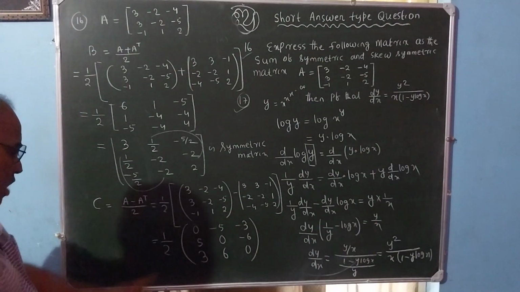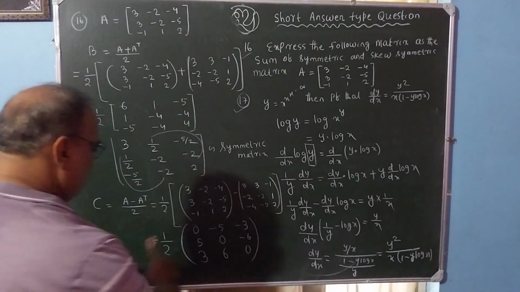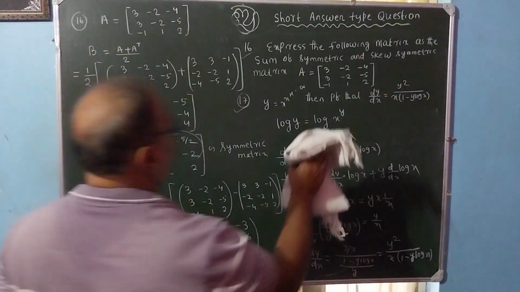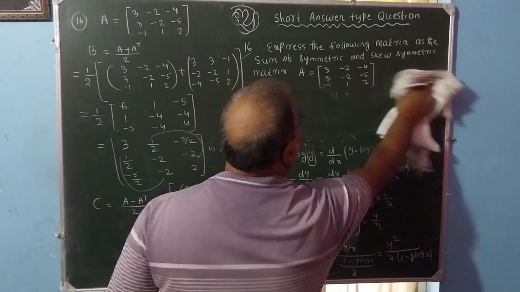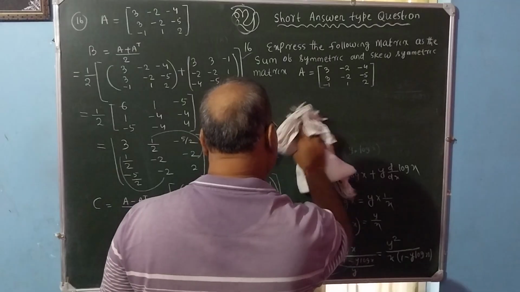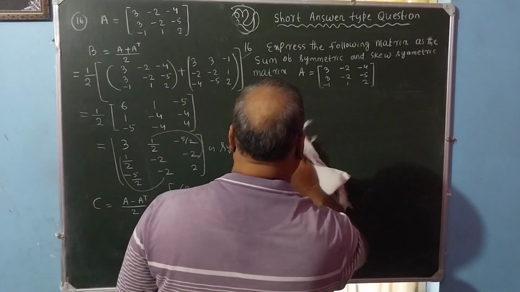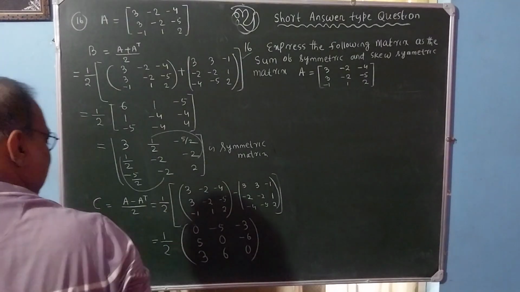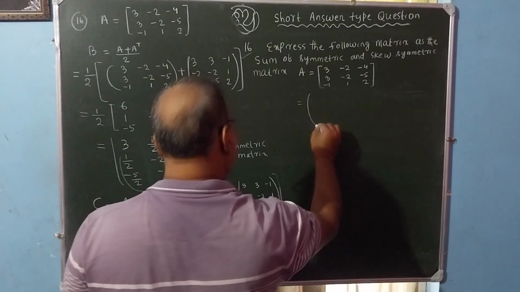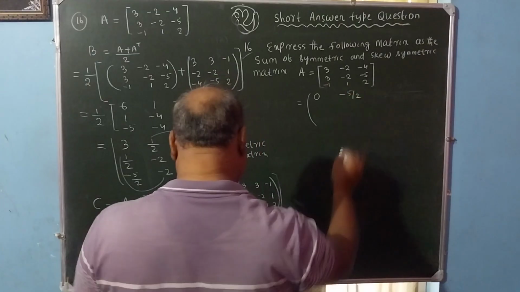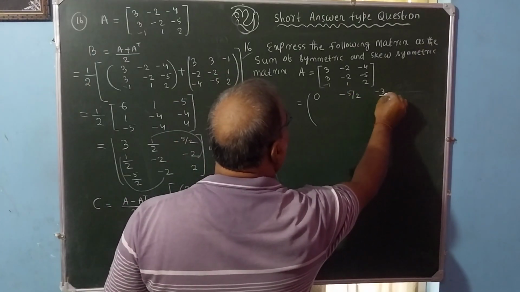Okay, so now dividing the 1/2 with each element. Write out each element we have to divide. So that is 0, -5/2, -3/2.